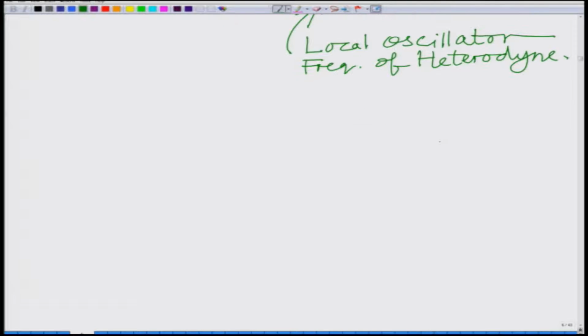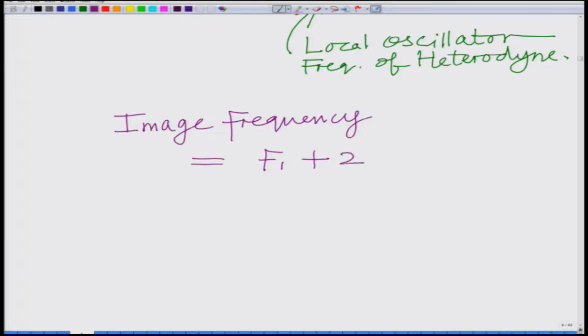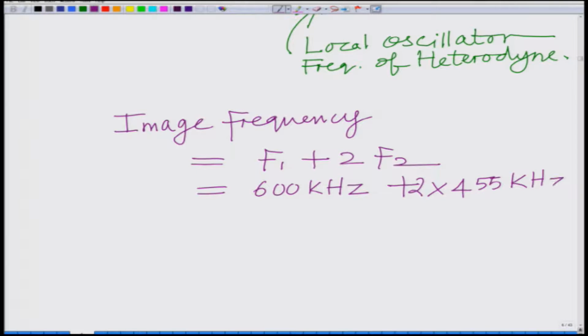The image frequency corresponding to this is f1 plus 2 f2, which is equal to 600 kilohertz plus twice 455 kilohertz.